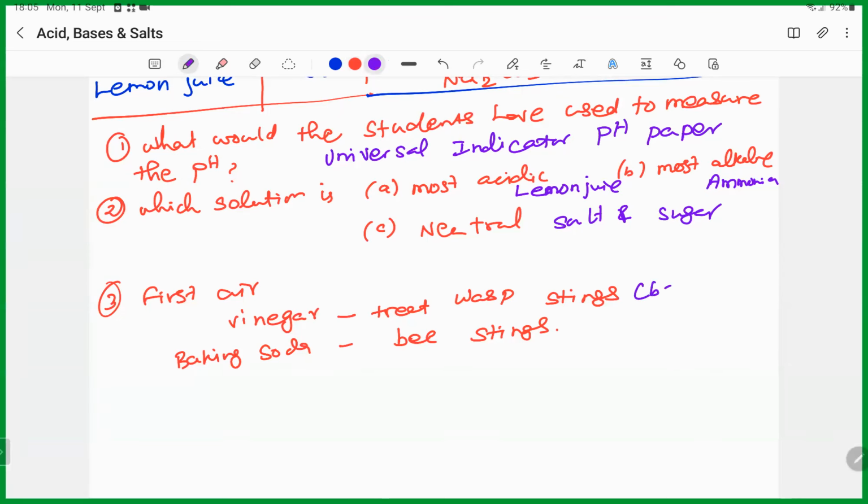Yes, so this is basic nature. This is acidic nature. That's why we are treating this. So instead of baking soda, we can use soap also.